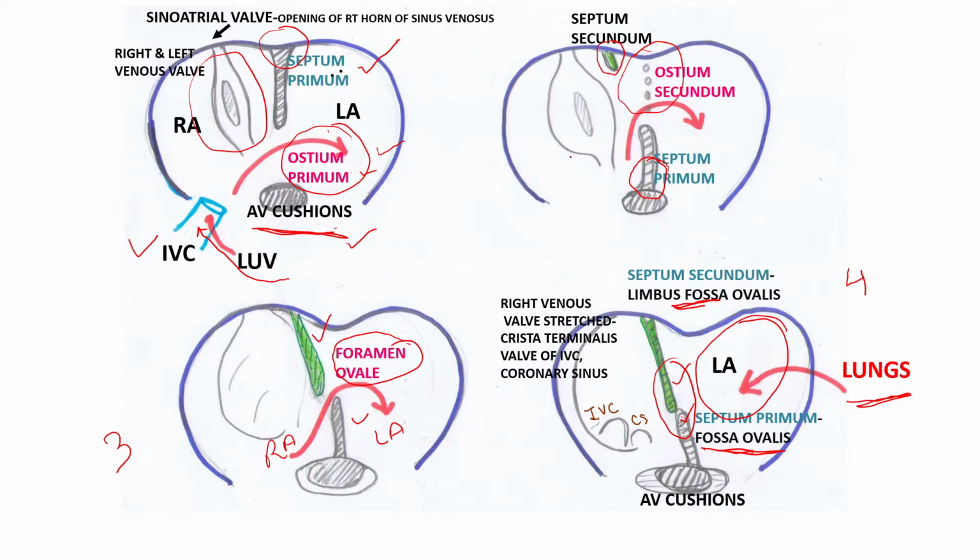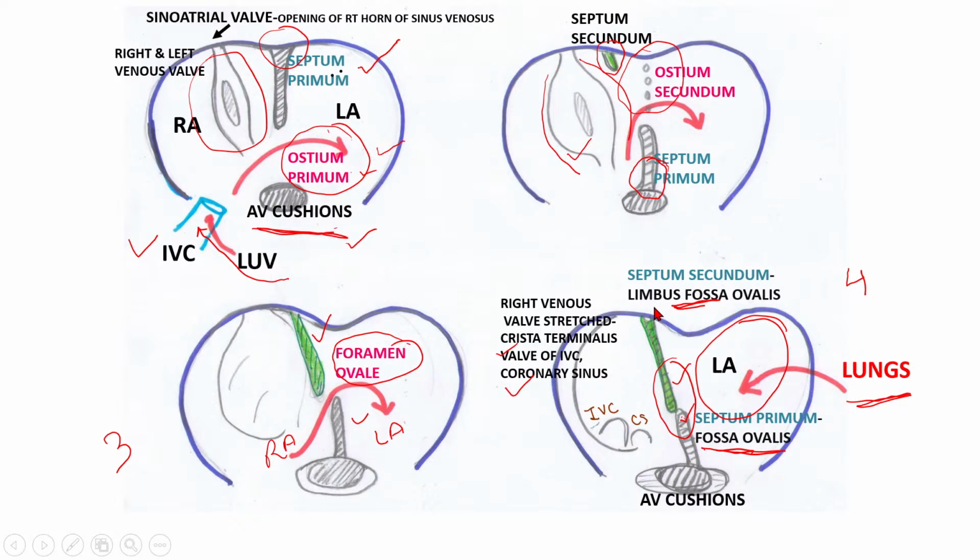Simultaneously, we can see the opening of the sinus venosus right horn, and this opening has two valves, the right and the left valve. Gradually this right venous valve stretches out, and this right venous valve, which is a part of the sinoatrial opening, will result in formation of the valve of the inferior vena cava and the valve of the coronary sinus.